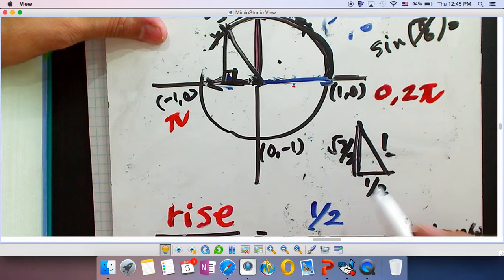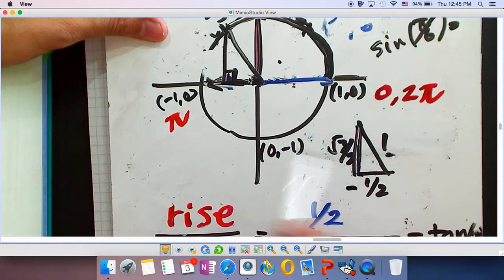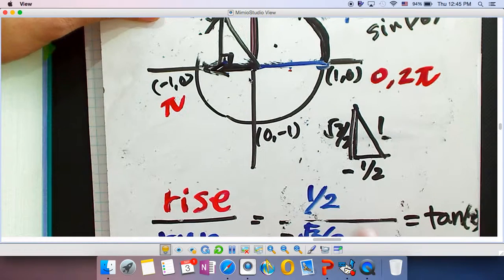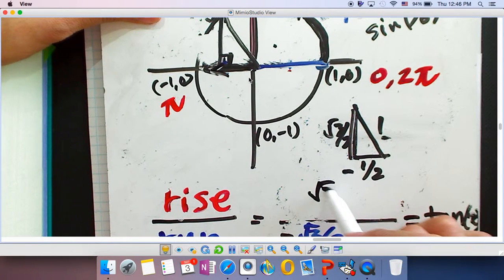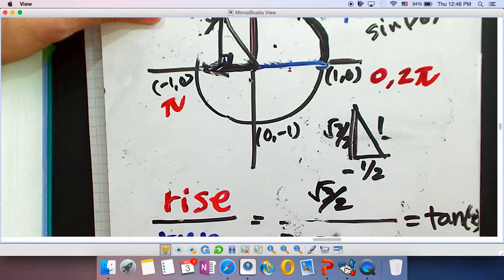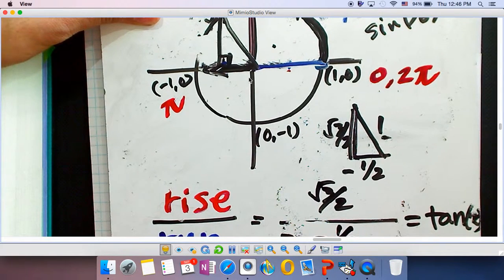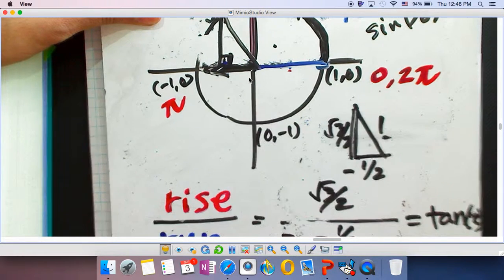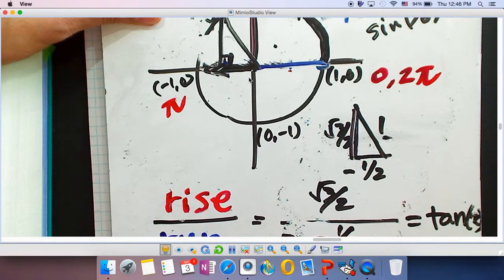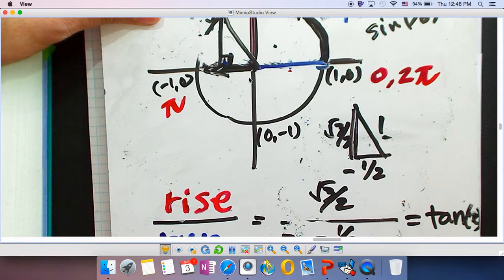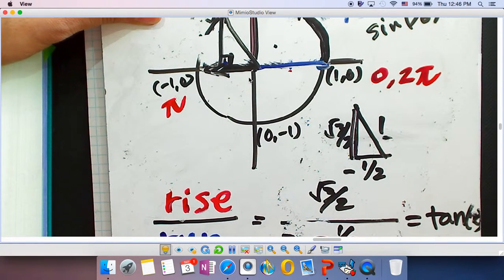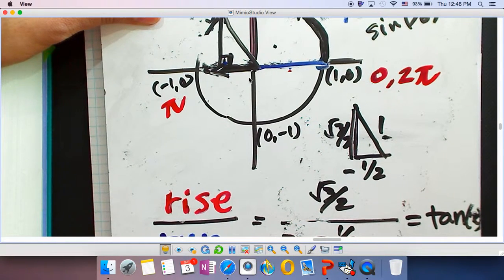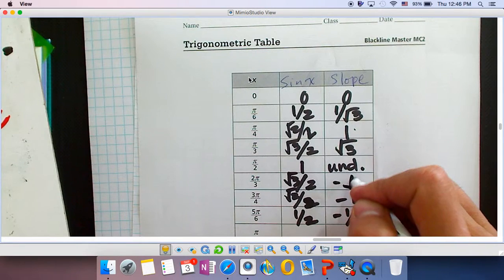Oh, actually, I made the same mistake. That should be negative half because we're going negative. Now if we do square root of 3 over 2 divided by negative half, that's times negative 2 over 1, cancel out, and it's negative, so it's negative square root of 3.